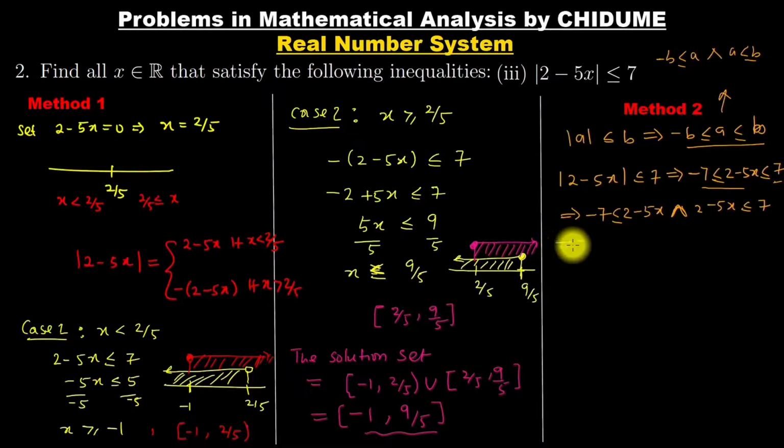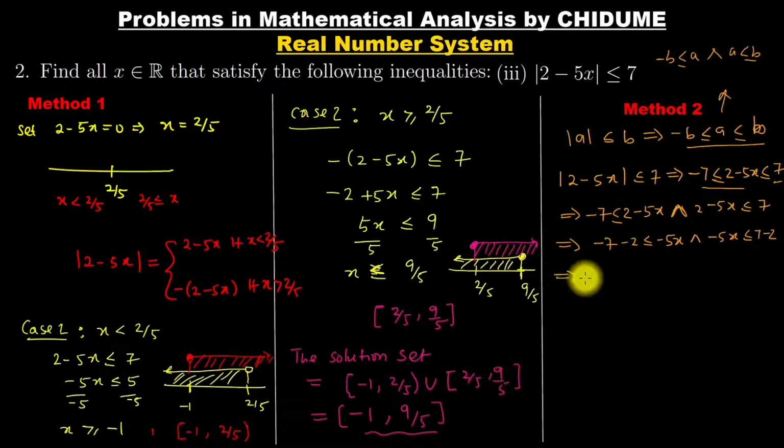If I solve this independently, if I bring 2 to the other side, I'm going to have -7 minus 2 is less or equals to -5x, and -5x is less or equals to 7 minus 2.